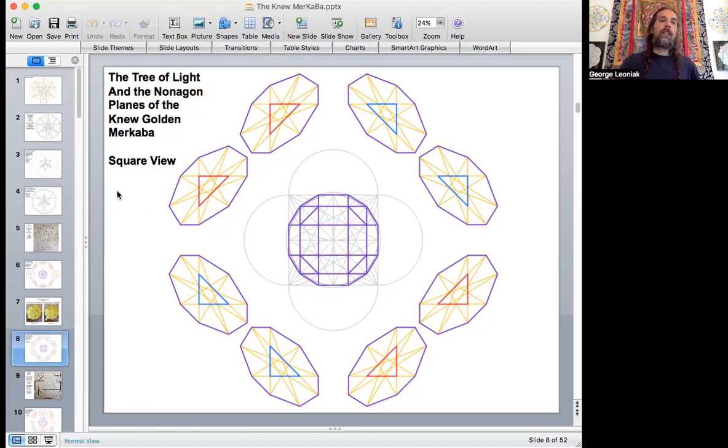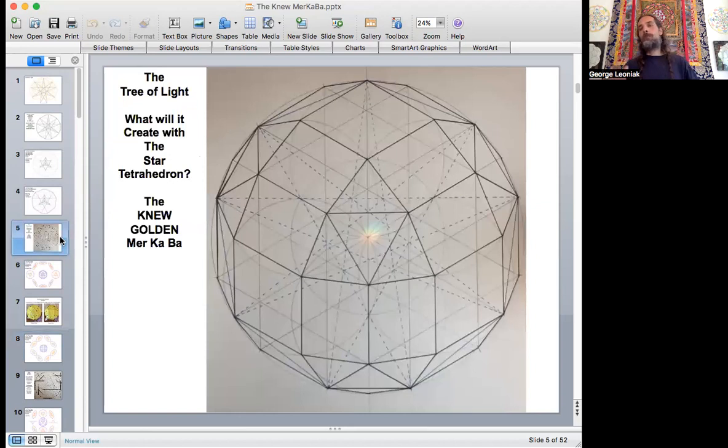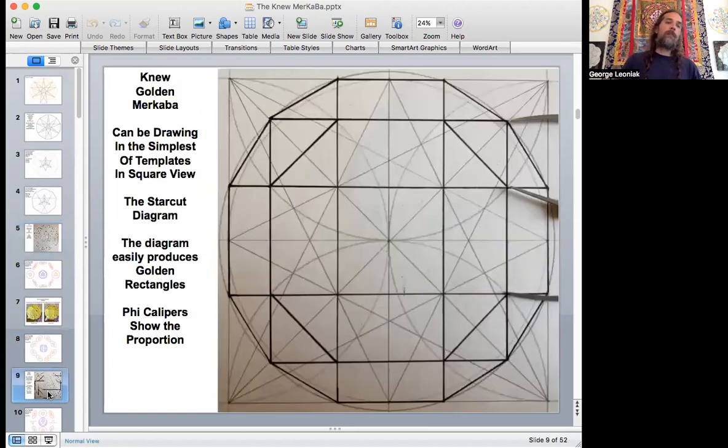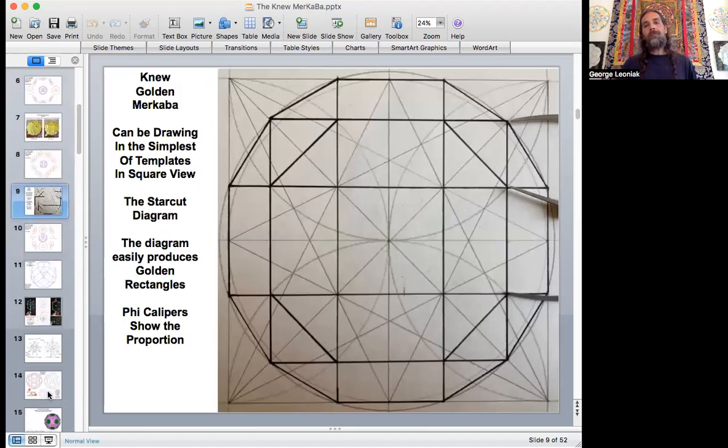But once again, this blew me away because this drawing is found in the star cut diagram, which is just a super simple drawing.